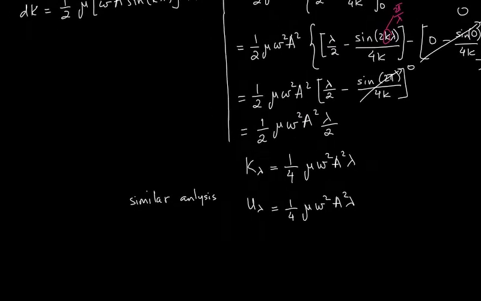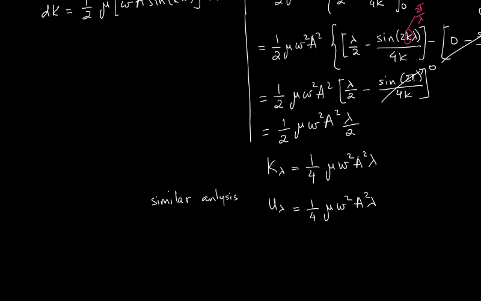Now, to find the total mechanical energy, that would be kinetic energy plus potential energy, which if you add these two together, you will get 1/2 mu omega squared A squared lambda.